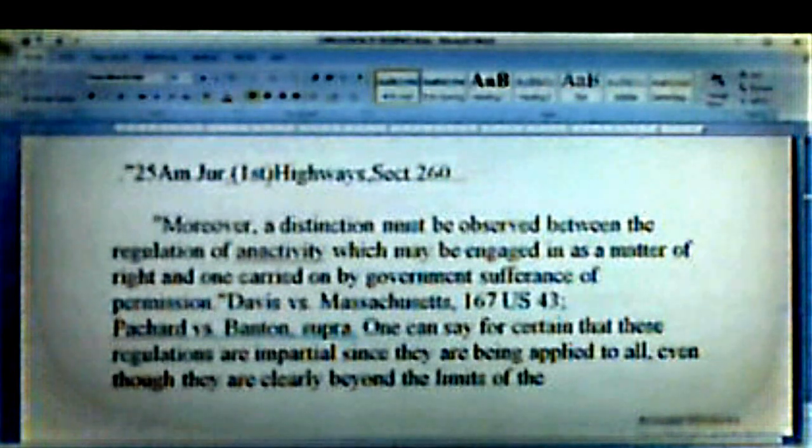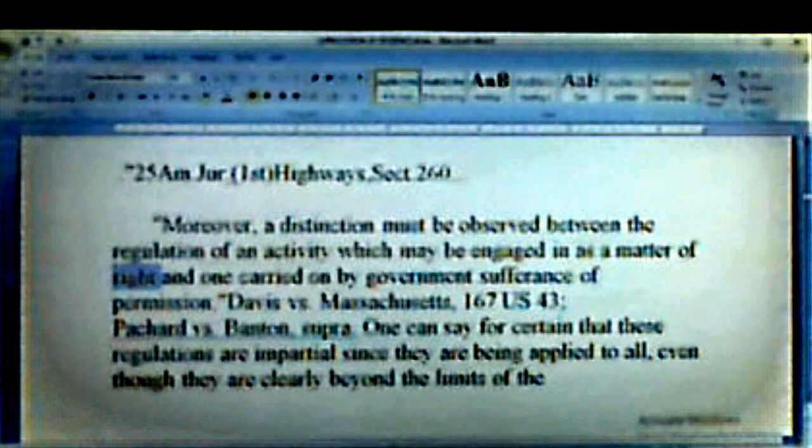Alright? Now this is 25 Am Jur first. In other words, some of the first constitutional law ever made, guys, right here. Section 260. Moreover, a distinction must be observed between the regulation of an activity which may be engaged in as a matter of a right. Now remember, you have the right to travel. Okay? And one carried on by government sufferance of permission.